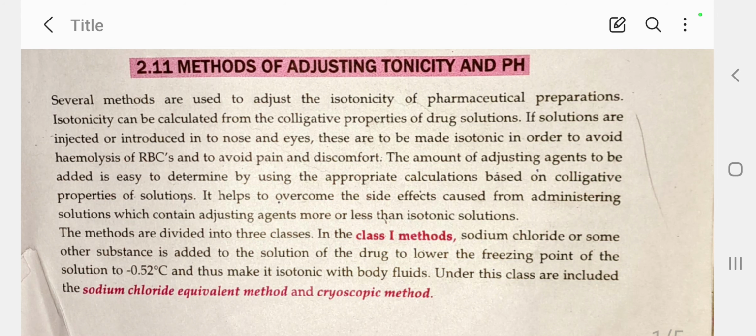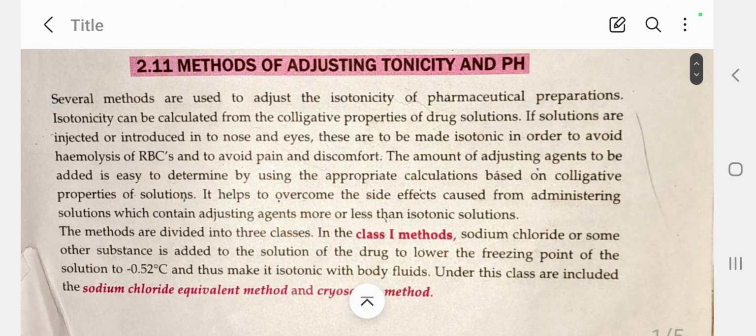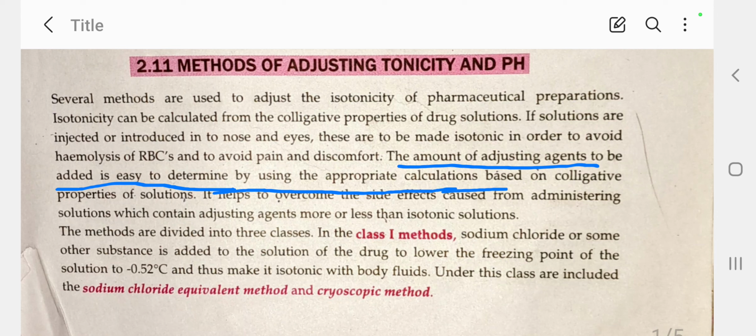The amount of adjusting agent to be added is easy to determine by using appropriate calculation based on colligative property of a solution. Following these methods will help to adjust the tonicity in certain pharmaceutical solutions or drug substances.